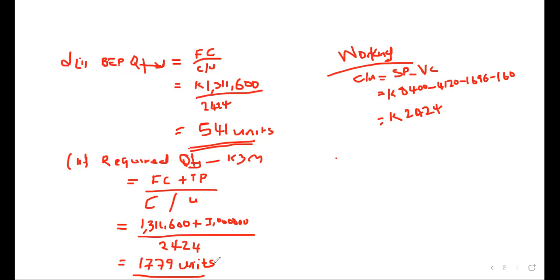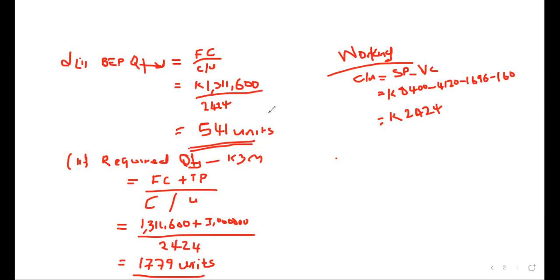So for instance, before we had to make changes to our variables, break-even point units were about 650. But now, because of the changes we have done, we have 541 units.